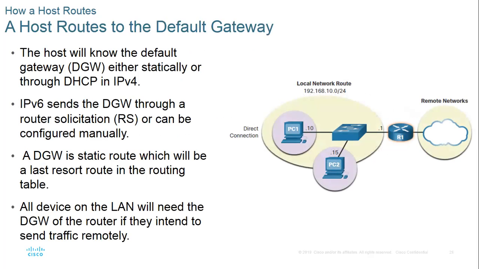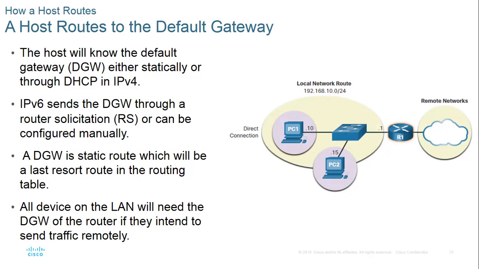Let's suppose we have the following topology. We have PC1 and PC2, which is similar to the previous topology, connected to a router through a switch, which makes the local LAN, and every host is directly connected to this local network, so they are part of the network 192.168.10.0/24.